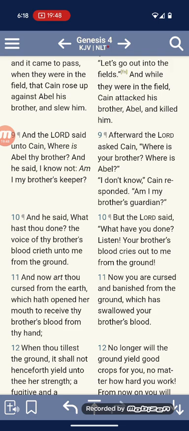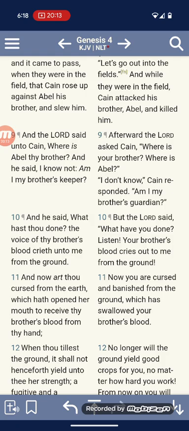All right, so Cain, because of his offering not being accepted by the Lord, and Abel's offering being accepted by the Lord because it was a righteous offering, Cain, in a fit of rage, slew his brother.